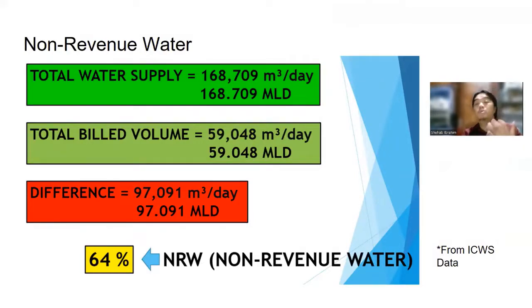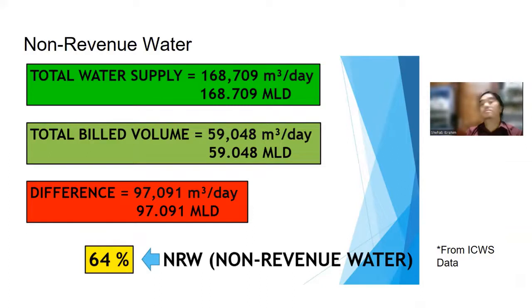Now, there is this term called non-revenue water. This is from the ICWS data. What is this non-revenue water? This is the portion or the percentage that is unaccounted for, because according to their computation, the total water supply of all pumping stations is 168,709 cubic meters per day, or equivalent to 168.709 million liters per day.